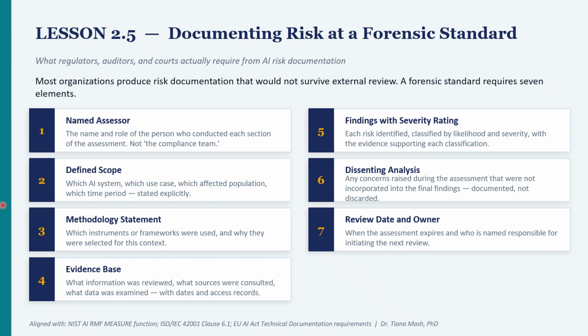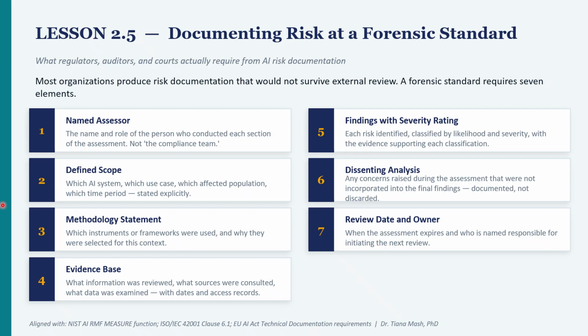Element 7 is about review date and owner. That is, when the assessment expires, and who, by name, is responsible for initiating that. You might think, well, why does it matter? It matters. Remember what I said to you in module 1, and I said it here as well. AI is constantly growing, developing, learning, retesting, and you need to be up to date with your information, and not just you, but the people responsible for specific sections of AI.